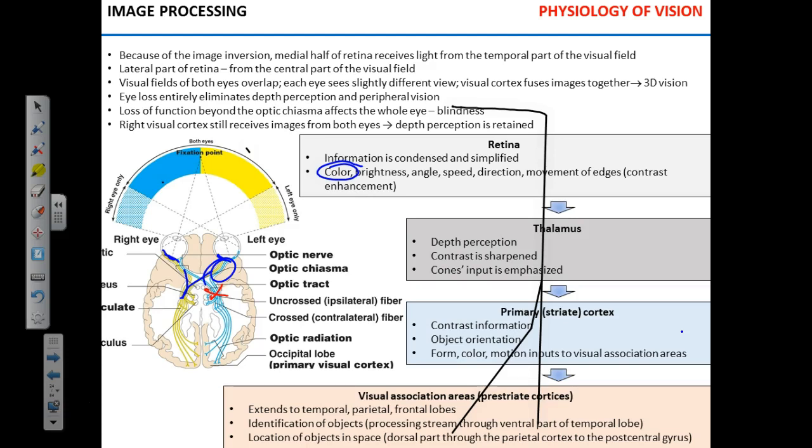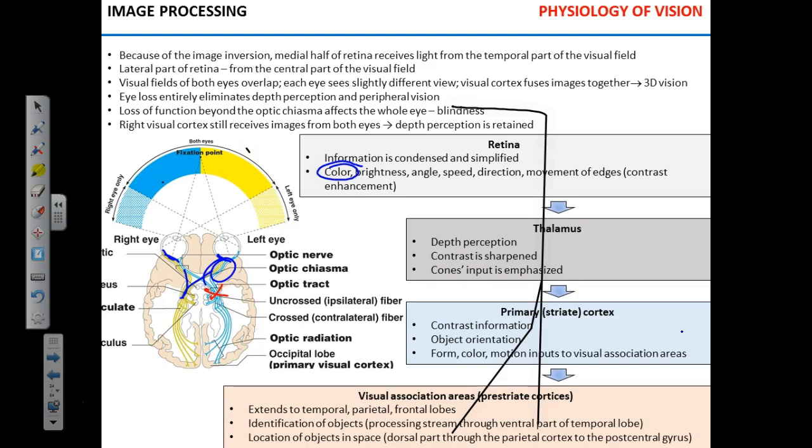More neurotransmitter, higher frequency of action potentials. Does it make sense? And then the retina is the first step to identify the speed of movement, the direction of movement, the angle of movement, and all that kind of stuff.